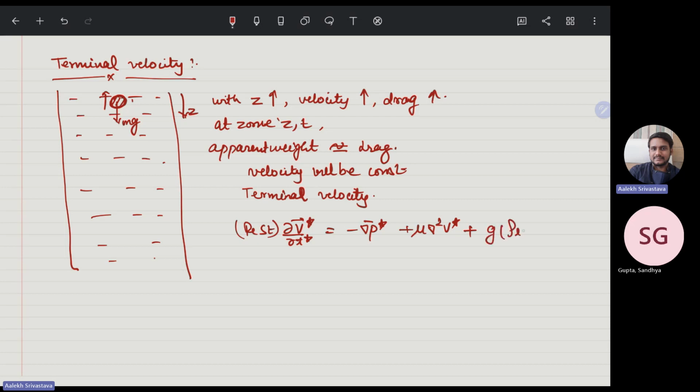So it is rho of sphere minus rho of liquid, into the density, plus the buoyancy term.